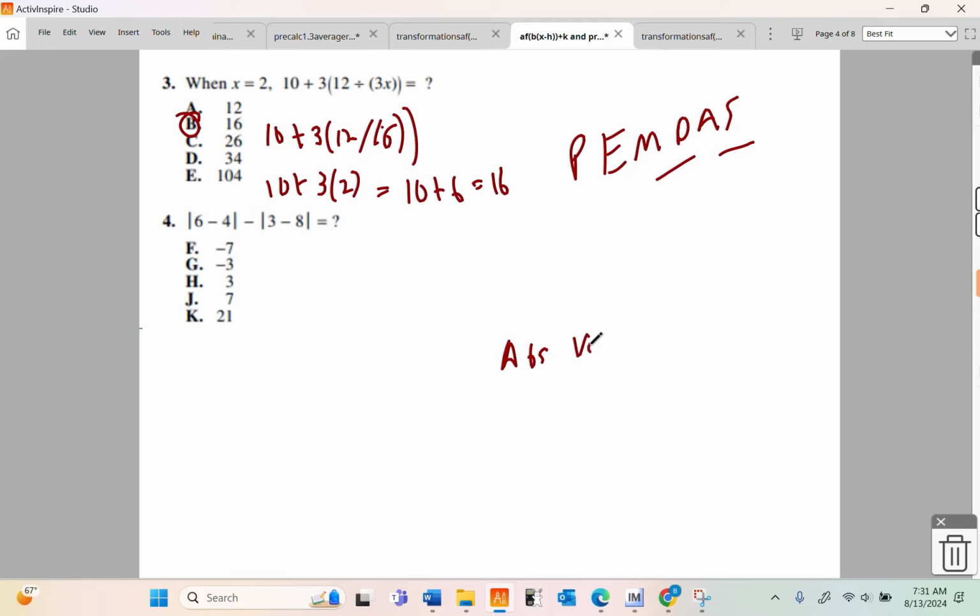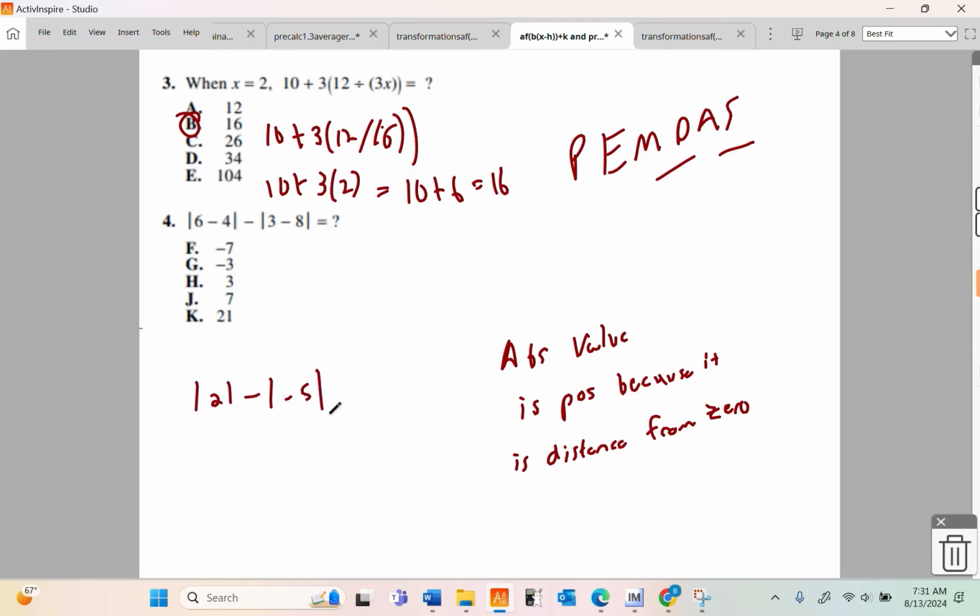Four is absolute value. Sorry, I'm losing my voice. Absolute value is positive because it is distance from 0. Now we're going to do the math that's in here. This becomes 6 minus 4, the absolute value of 2, minus 3 minus 8, the absolute value of -5. It's not these signs that change.